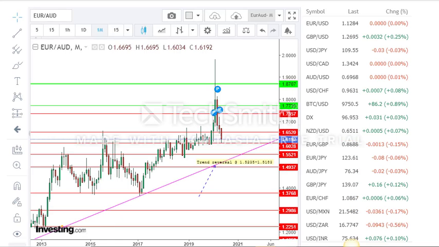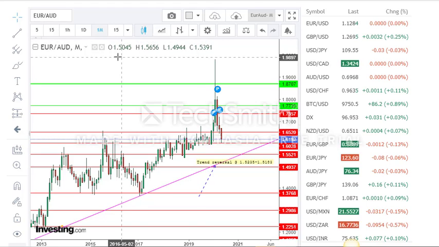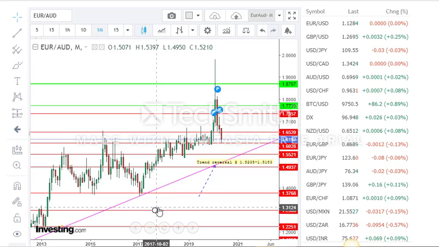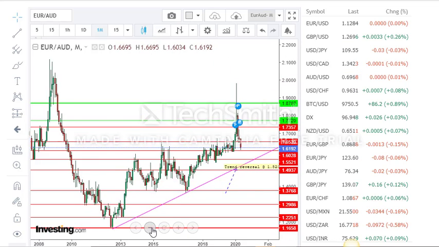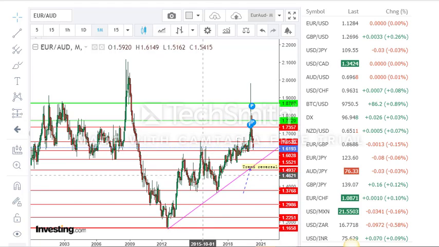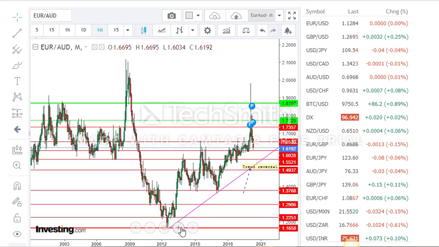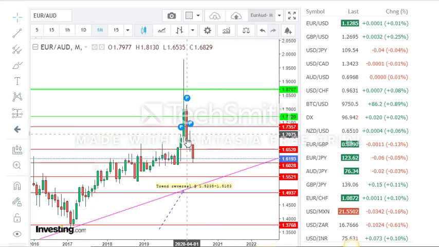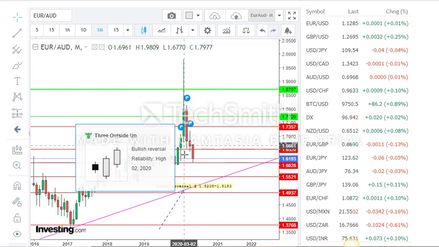All right, so the last pair is going to be EURAUD. And with this one, as you can see, it is currently still within its uptrend, right? Its primary trend is the uptrend, but its secondary trend is actually this downtrend right here. And there's a lot of bearish momentum.